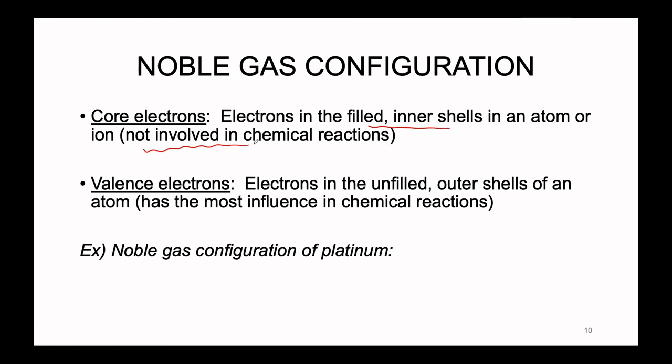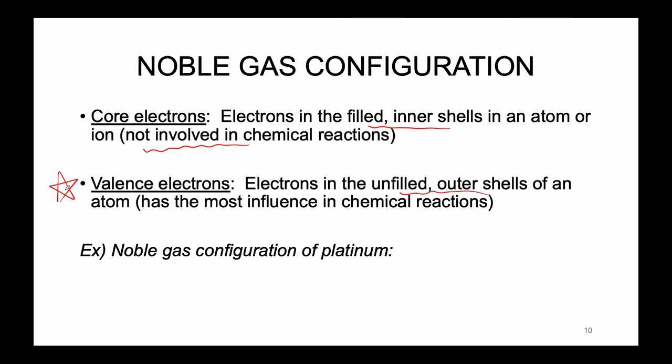The valence electrons, on the other hand, are the ones in the unfilled outer shells, the ones that are going to actually influence the chemical reactions. Valence electrons are what give atoms their specific character.